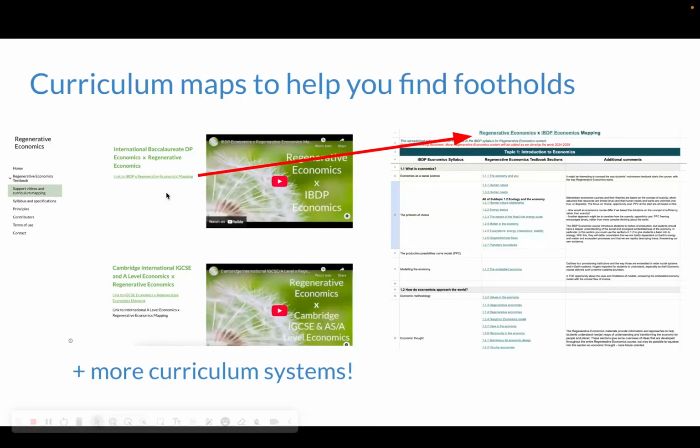So here we've got the IB and the Cambridge International syllabi, but we've got even more there, so you can see the full list. When you click on the link, it will take you to a spreadsheet where you can see the relevant syllabus and the content that's there, as well as links to areas of regenerative economics that you might be able to weave into what you're doing, along with some additional comments and notes that can help you figure out how to do it.